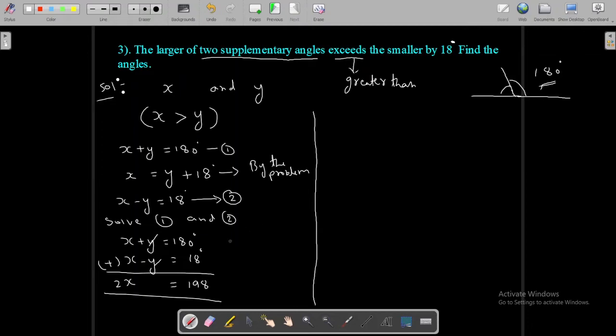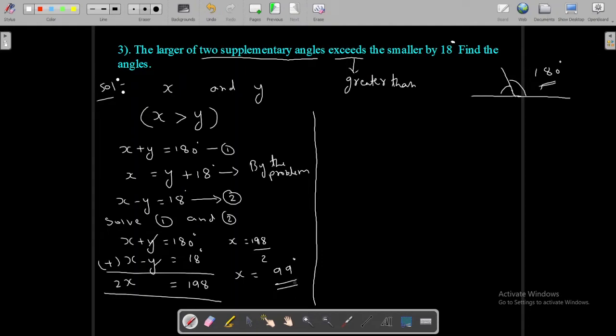So x is equal to 198 by 2, that is nothing but x is equal to 99 degrees. So we got this 99 degrees.